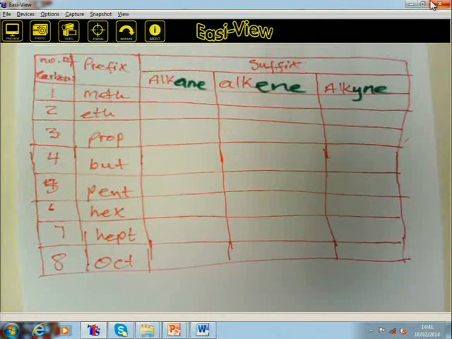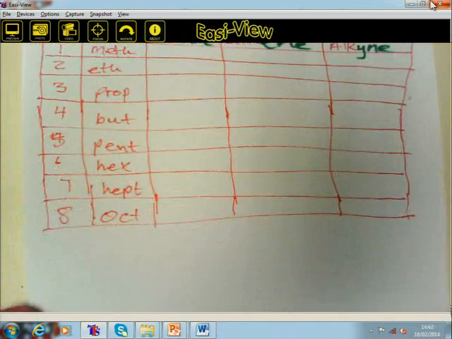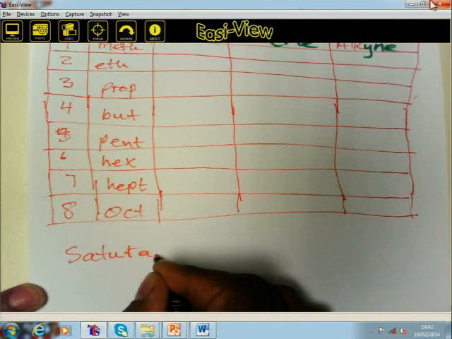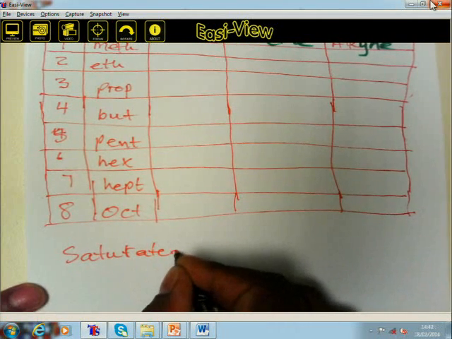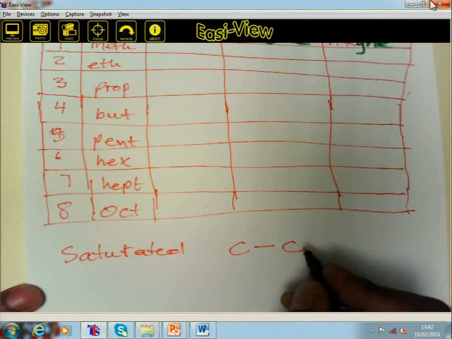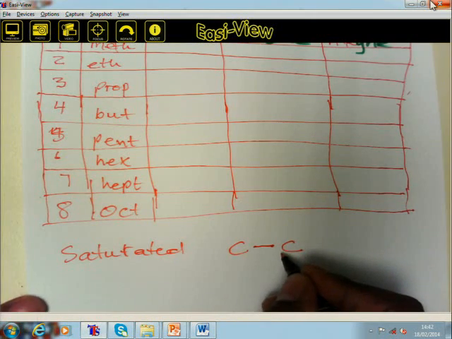All right, and then if you've got a saturated compound, remember we said a saturated compound is the one that you only have 1 bond between carbons. So if there's a single bond between carbons, you know that this is saturated.